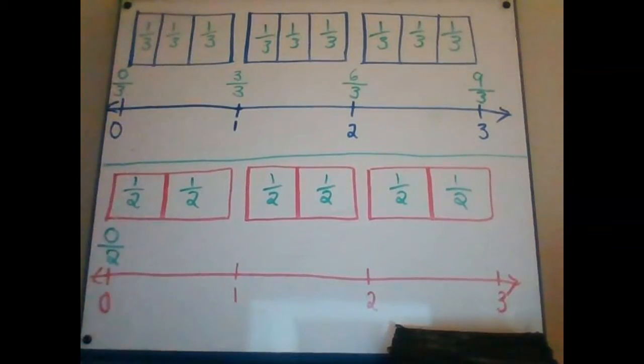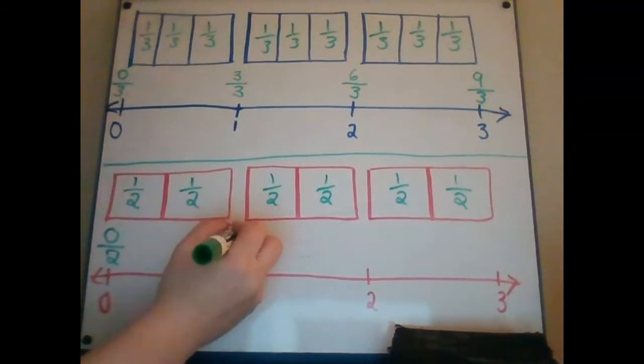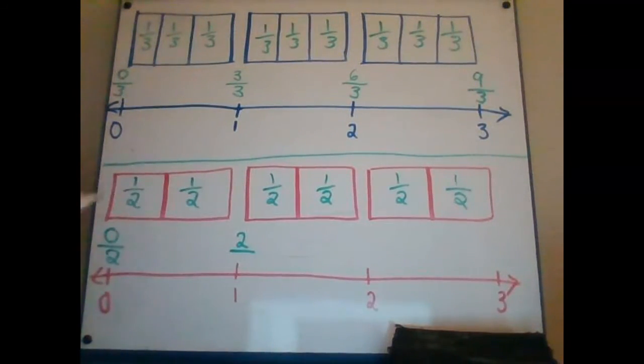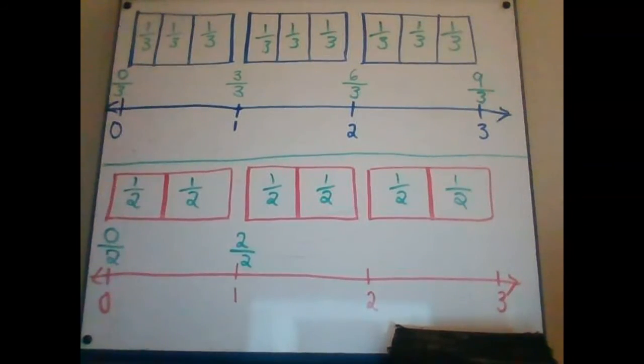So 0 on the top, 2 on the bottom is equivalent to 0. Okay, there's nothing there. If I'm just looking at one whole, I have 1, 2 parts to count, and I have 2 equal parts in the one whole. 2/2. 2/2 is equivalent to 1 whole.